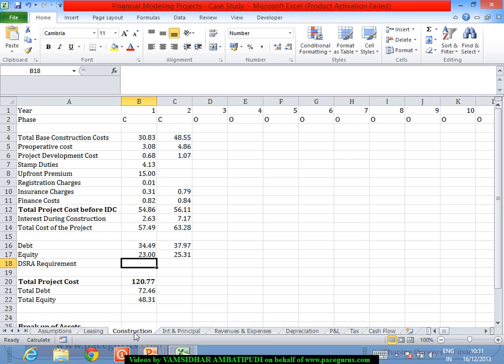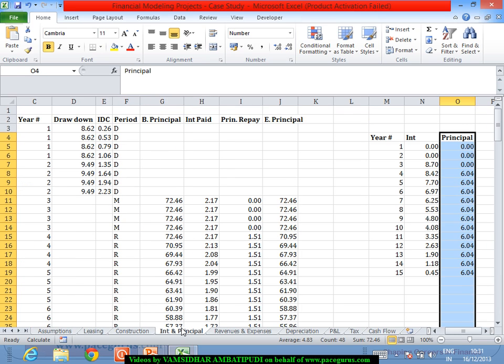So to take it as a part of the construction requirement, I need to find out what is that DSRA requirement in the year before.